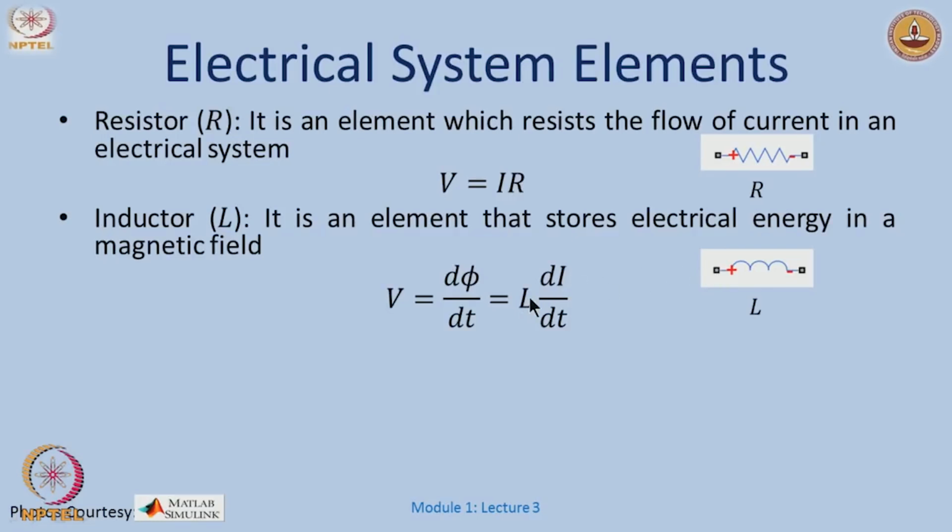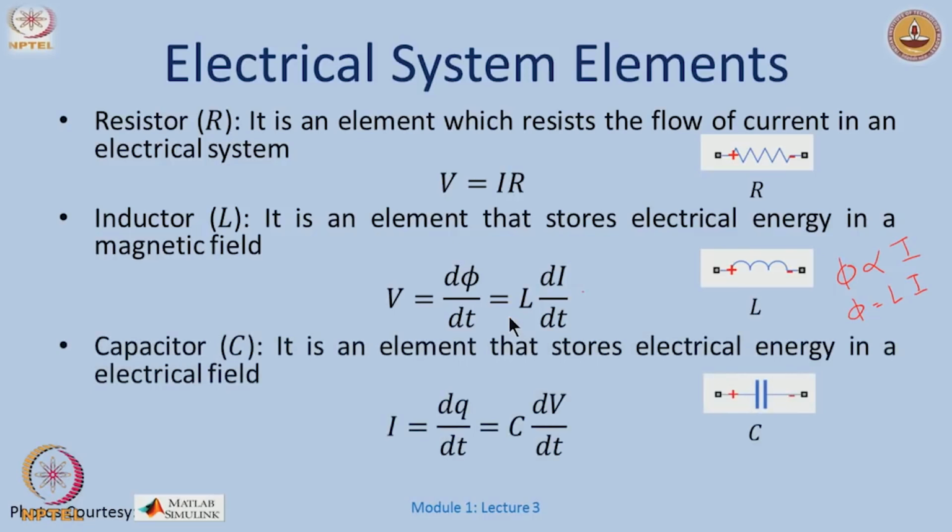So, if I just write down some basic laws which we learn in electromagnetics, phi is proportional to the amount of current, and in the linear case phi equal to L times I, where L is the inductance, and then you have this relation V equal to L di by dt describing a linear inductor.